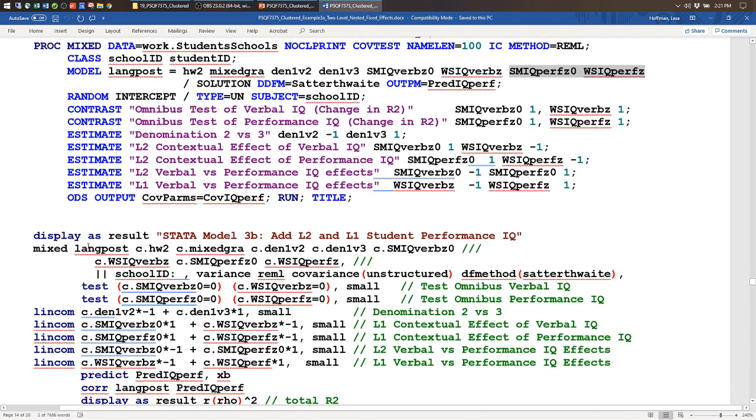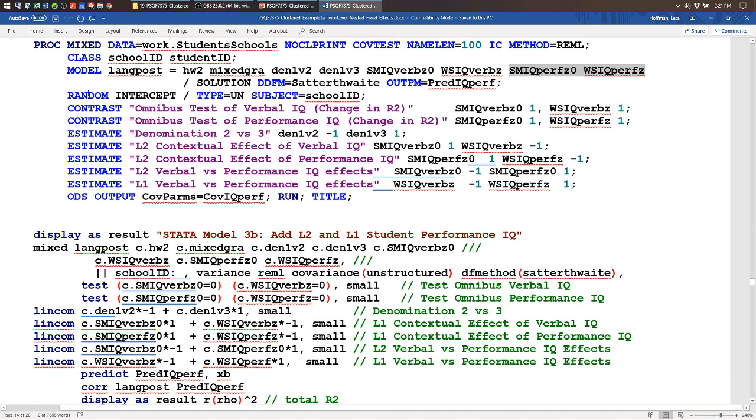I'm asking for several additional pieces of information in each of my programs here. So contrast in SAS and test in Stata, these are used to create a combined test, a multivariate Wald test, for the overall effective IQ across levels for each type of predictor.